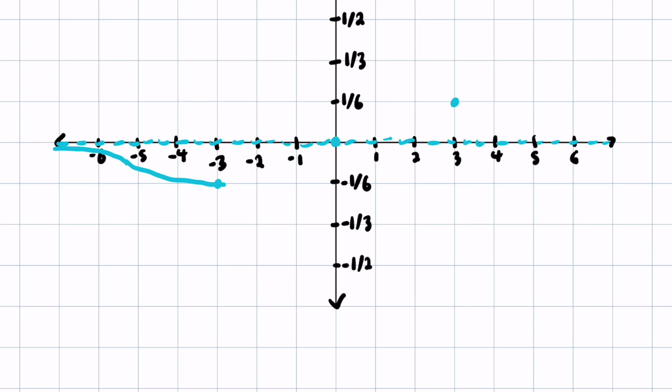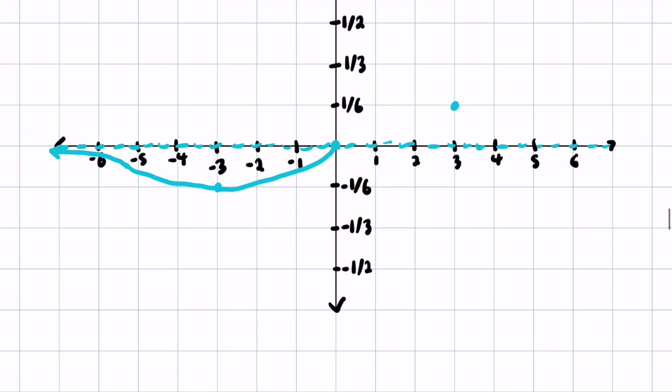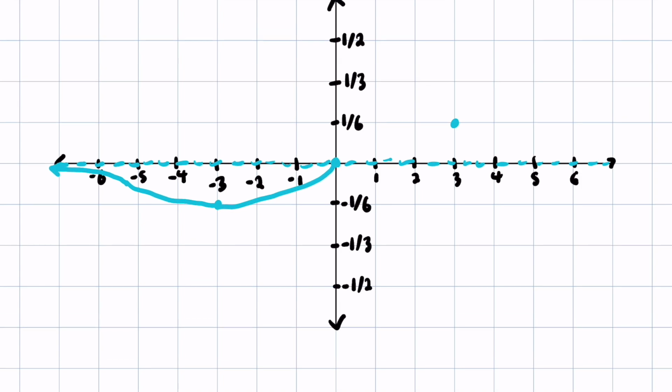So you can see how each of these aspects of the graph that we've figured out help us to actually build what the graph looks like. And then we reflect this about the origin. So we're going to have increasing and concave down here, and then decreasing and concave down until around 5.2, at which point we switch to being concave up while still decreasing.